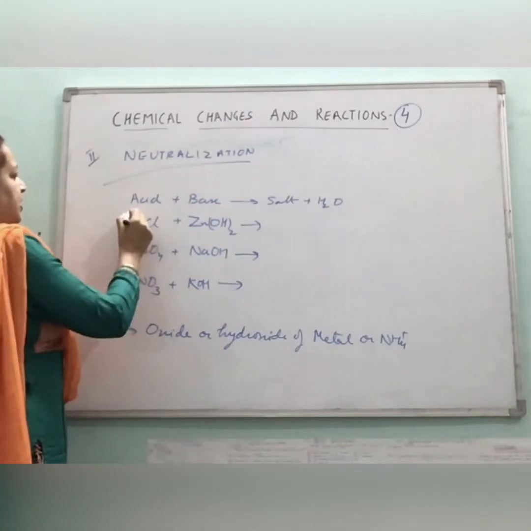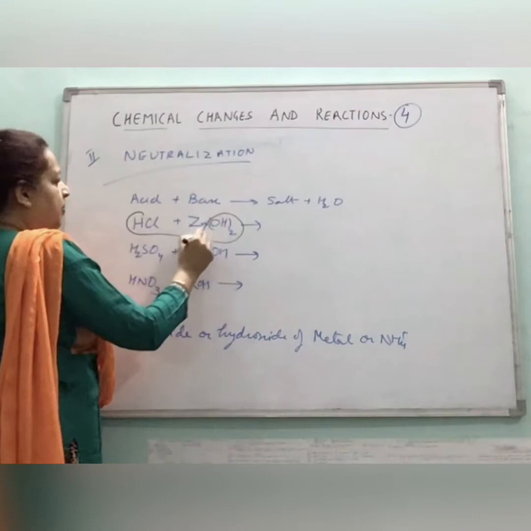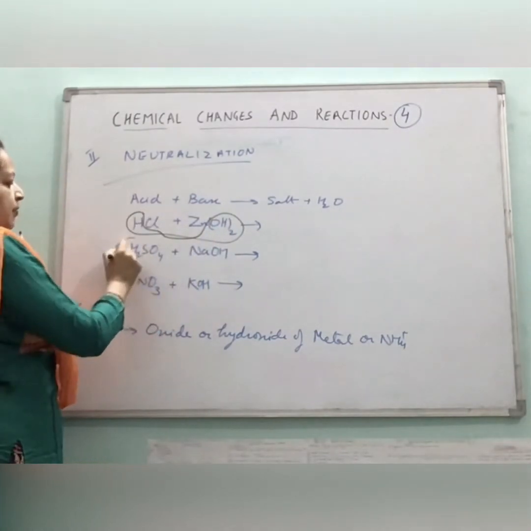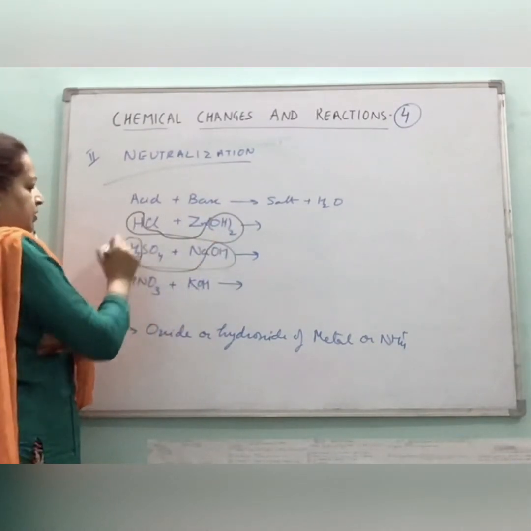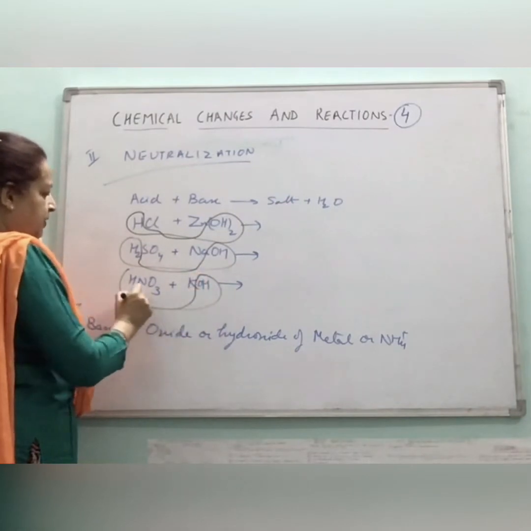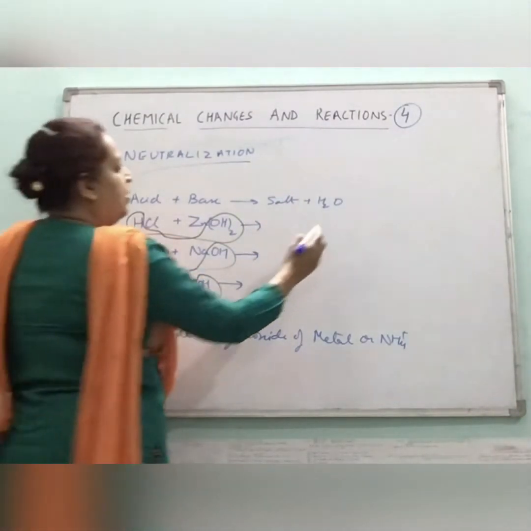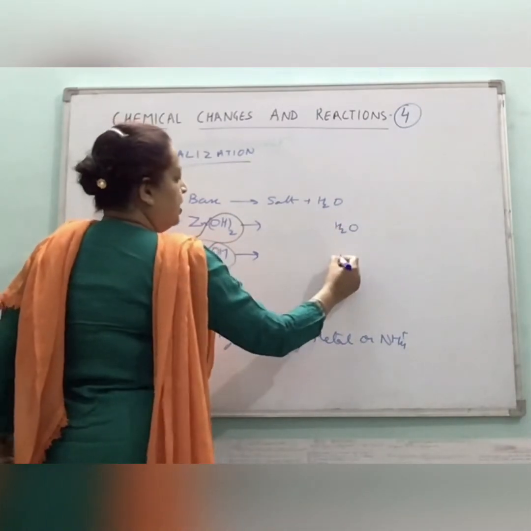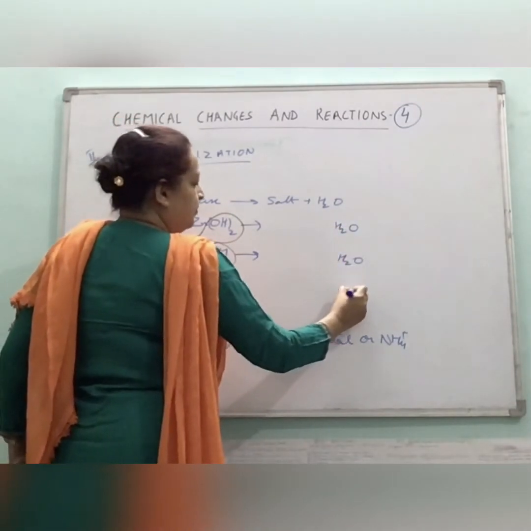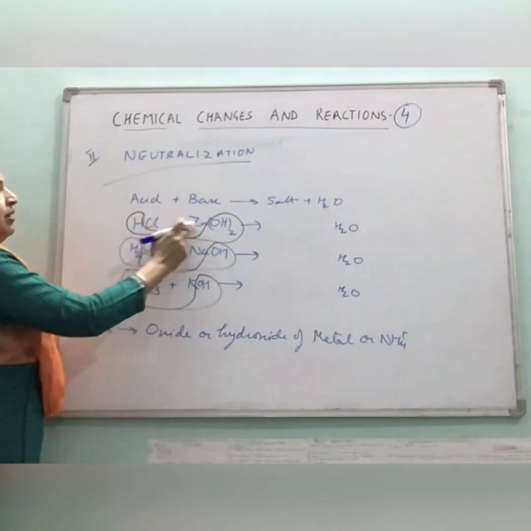So the hydrogen part combines with the hydroxide part to form water. What is formed? Water is a must. In all the three cases, water would be formed. And what else would be formed?